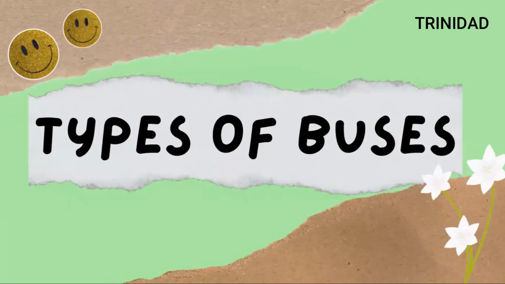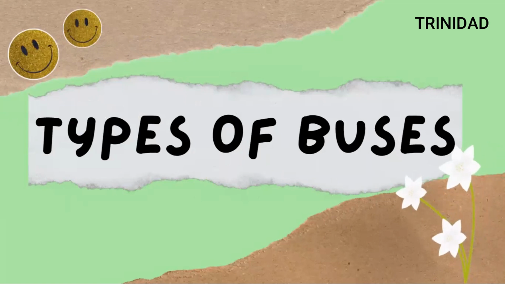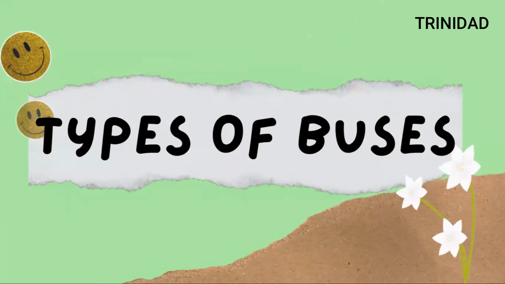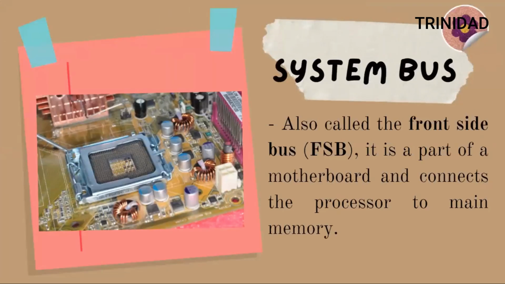Types of buses are system bus, also called the front side bus or FSB. It is a part of a motherboard and connects the processor to main memory. Yung system bus, also called siya as front side bus.